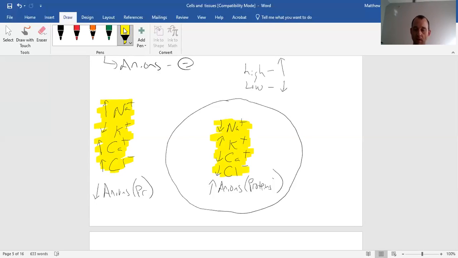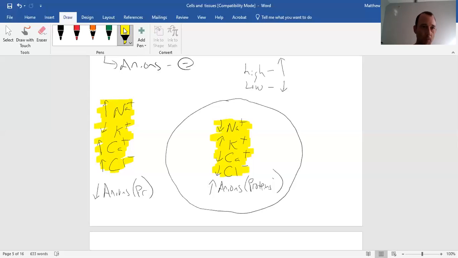Anions and proteins, they don't generally move. In other words, when you think about leaking in and out, let me use a different example. Go back to your house. You are running the air conditioning in your house right now, I think. And you have to keep turning it on periodically as that cold air escapes out the cracks and crevices and windows and stuff. The same thing is true here.